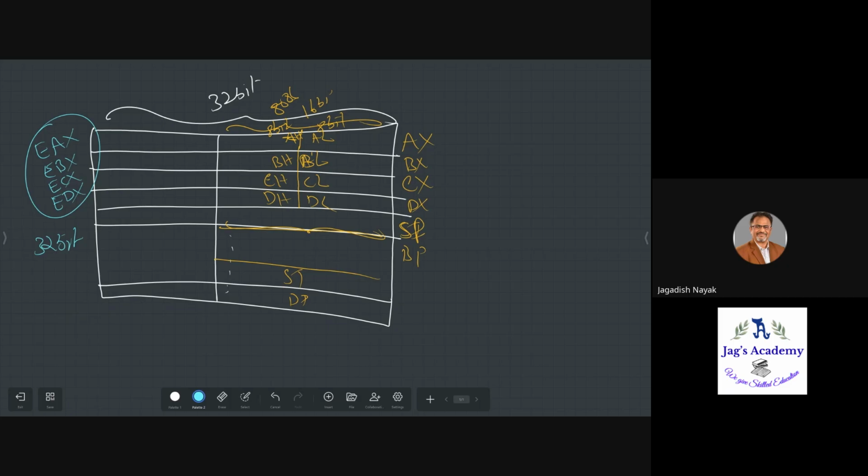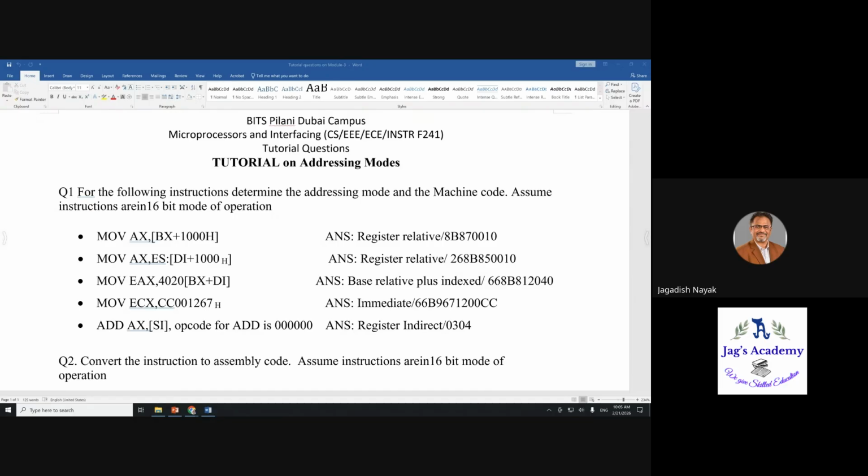Now I have told you about 32-bit registers. See the question here. For the following instruction, determine the addressing mode and the machine code. Assume instructions are in the 16-bit mode of operation. What is the meaning of 16-bit mode of operation?